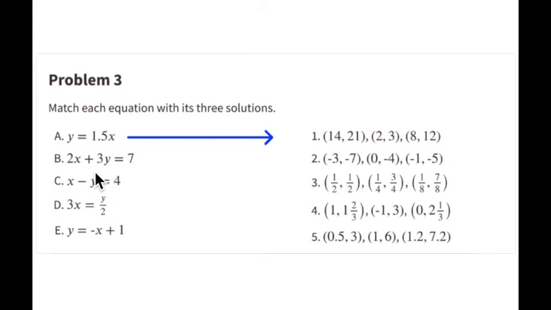So the next one, 2x plus 3y equals 7. You're going to take the x-coordinate, double it, and then take the y-coordinate, triple that value, and add them together. You should get an answer of 7. So which ones down here match that? It's number 4. If you double 1, 2 times 1 is 2, plus 3y. 2 plus what equals 7? 2 plus 5.